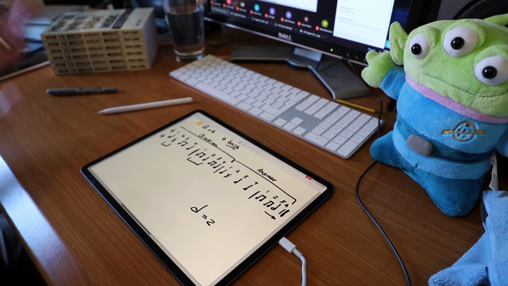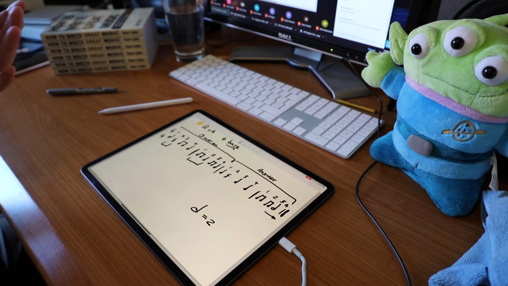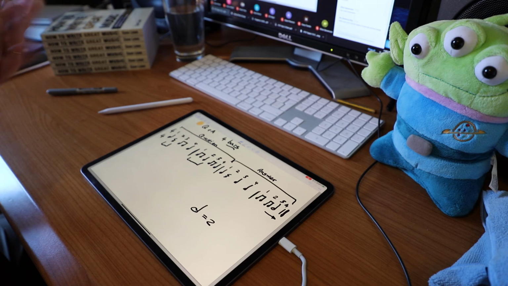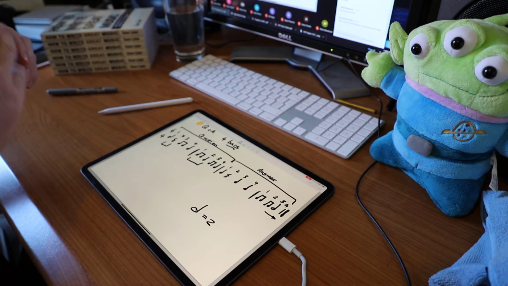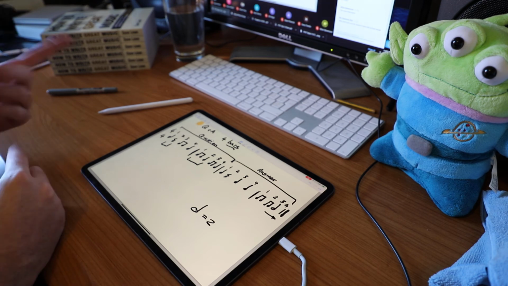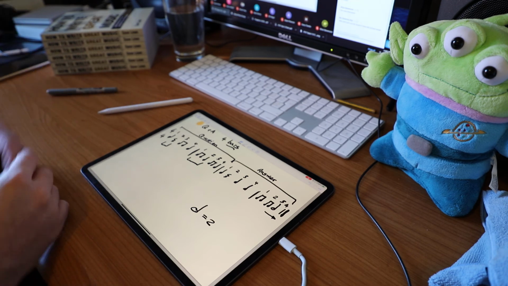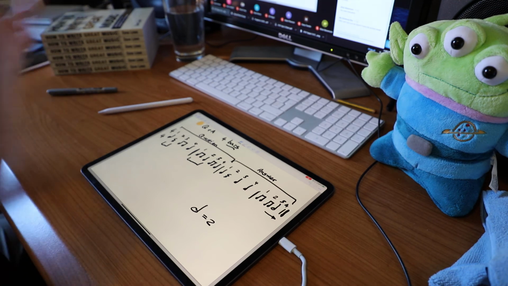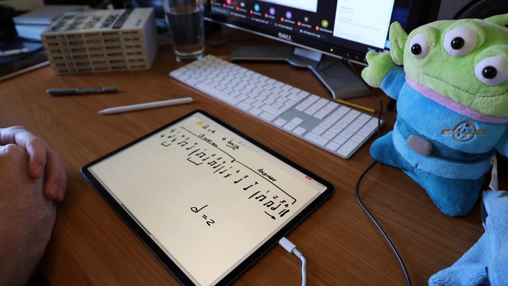So 1, 2, 3, 4. Shh. Shh. Okay. Now when you clap, it's not easy to tell the difference between a 1-beat and a 2-beat note. But I did that by just holding my hands together at the end so that I could feel how that felt to clap the rhythm.